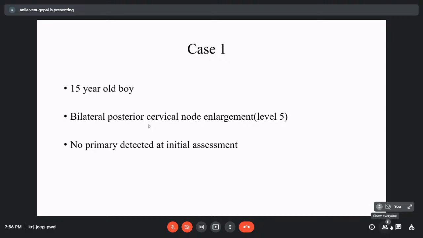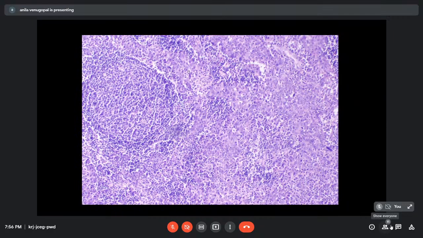This is the image from the slide, and you can see the lymphoid follicle from the lymph node, but there is a whole lot of effacement of architecture with sheets of cells. From a pathology point of view, we don't have a differential of lymphoma in this case. You think of carcinoma only. This is a classical picture of a non-keratinizing squamous cell carcinoma of the nasopharynx.